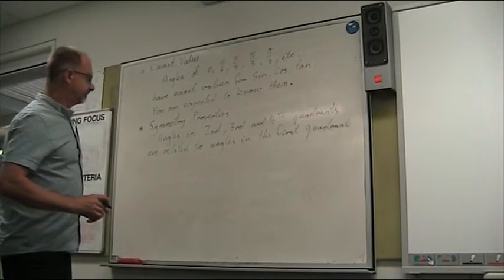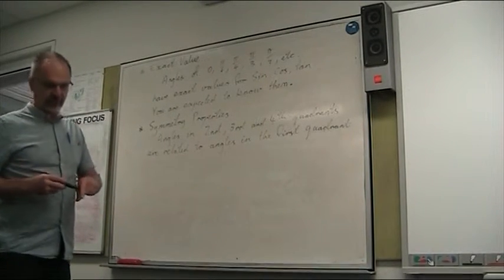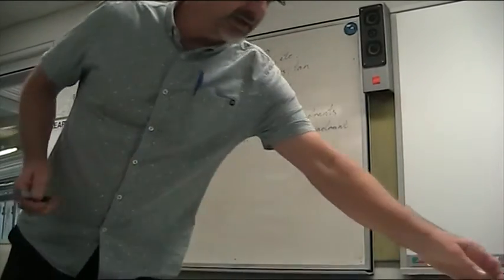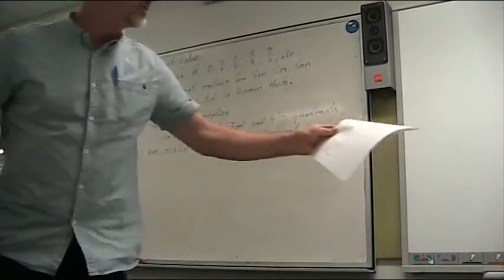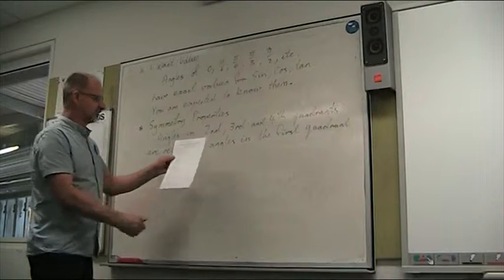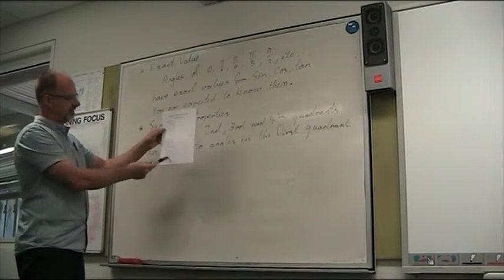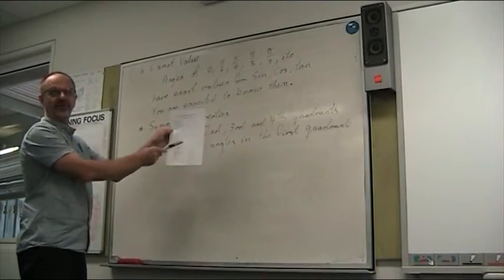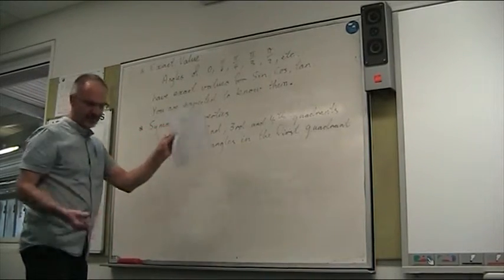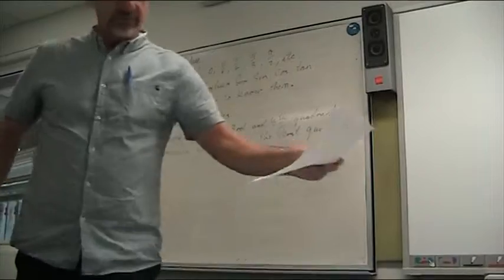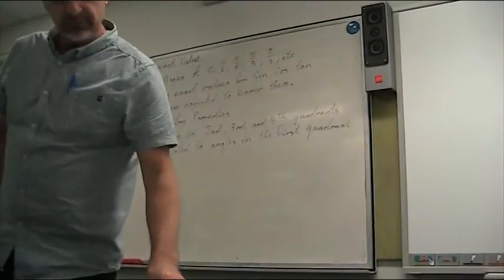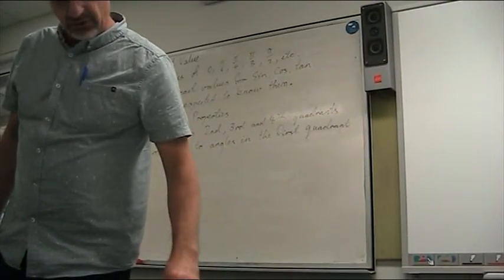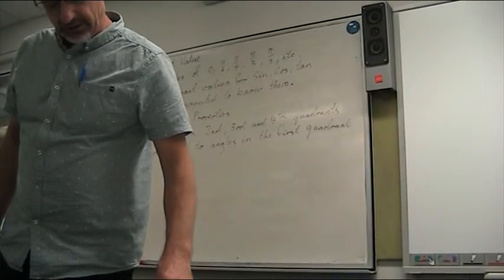And so I've given you what those relationships are in that second handout, the symmetry and complementary properties. Now that's just one way of doing it, is knowing these things. Of course, if you know your unit circle and what it looks like, you can use that as well.